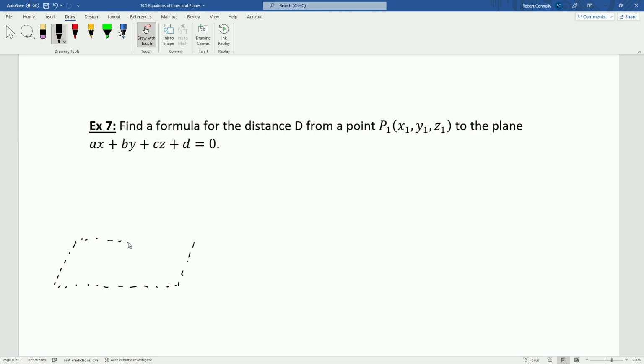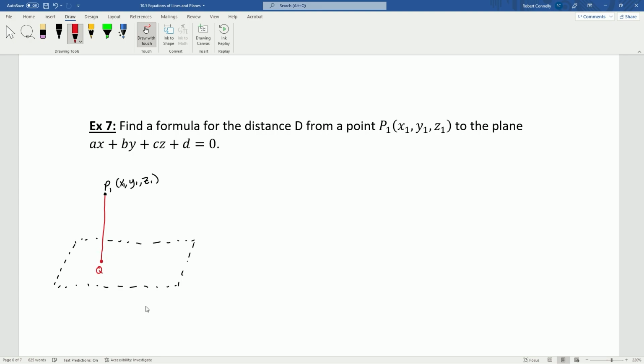So this here is my plane. And what we're going to have here is a point not on the plane. I'm going to call that P1, (x1, y1, z1). And it's going to have a normal line straight down to the plane.